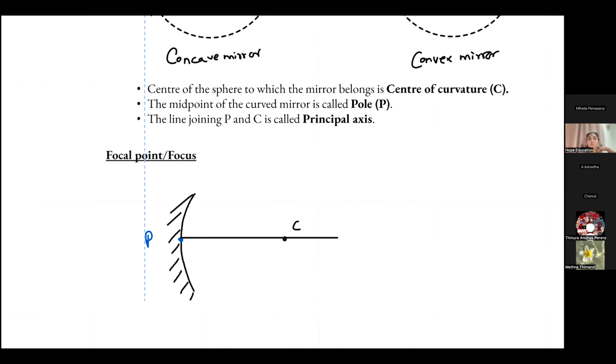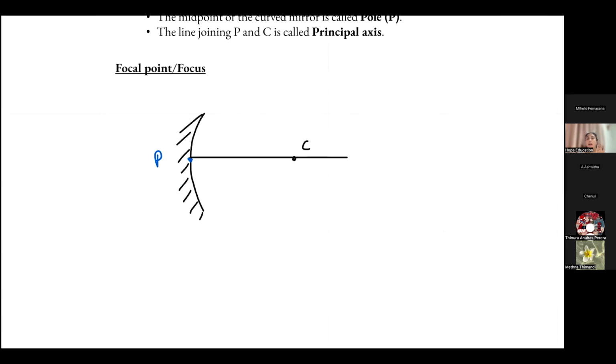So what I'm going to do is send a parallel light ray to this mirror. A light ray parallel to the principal axis. When I send it to the mirror, the light is reflected.